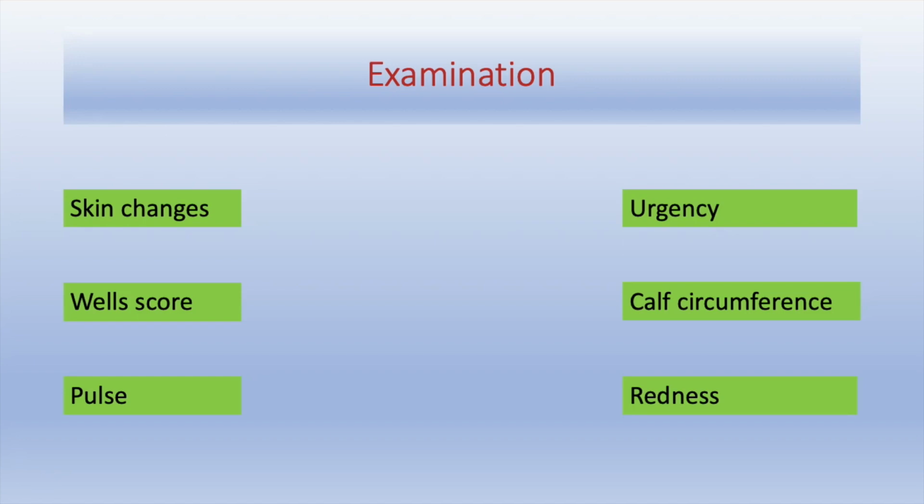Determine the urgency, which is usually dictated by the speed at which the edema has developed. Rapid onset edema is always urgent. Check the calf circumference and compare it between the two sides, which is one of the main features that determines the Wells score.